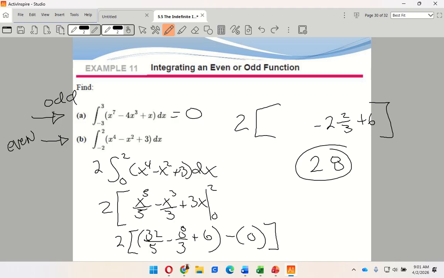Let me see. 6.4. I got 19.46. 19 point what?